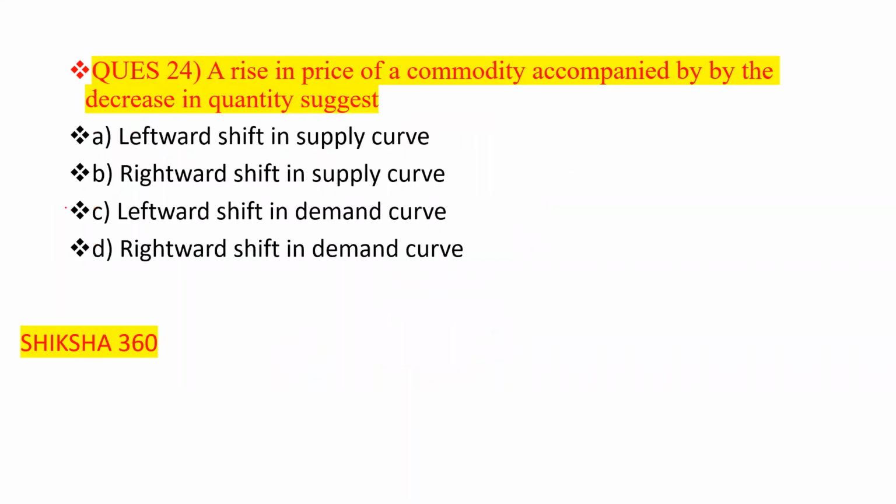The first question of today is question number 24, presented on your screens now. It says that a rise in the price of a commodity is accompanied by a decrease in the quantity. Like we can say this is the curve, this is the price, this is the quantity.